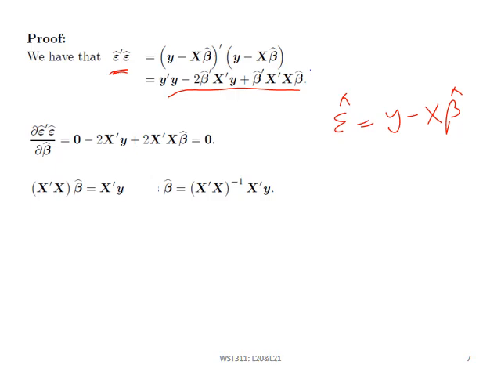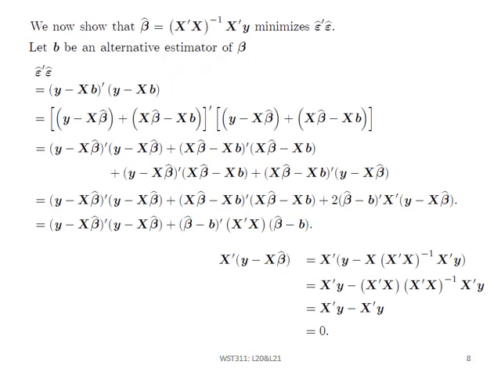So the least square criterion is presented by this equation. By taking the derivative with respect to beta hat and setting it equal to 0, we can derive that beta hat equals (X prime X) inverse X prime y. On the previous slide, we showed that beta hat is an extreme value for the sum of squares.